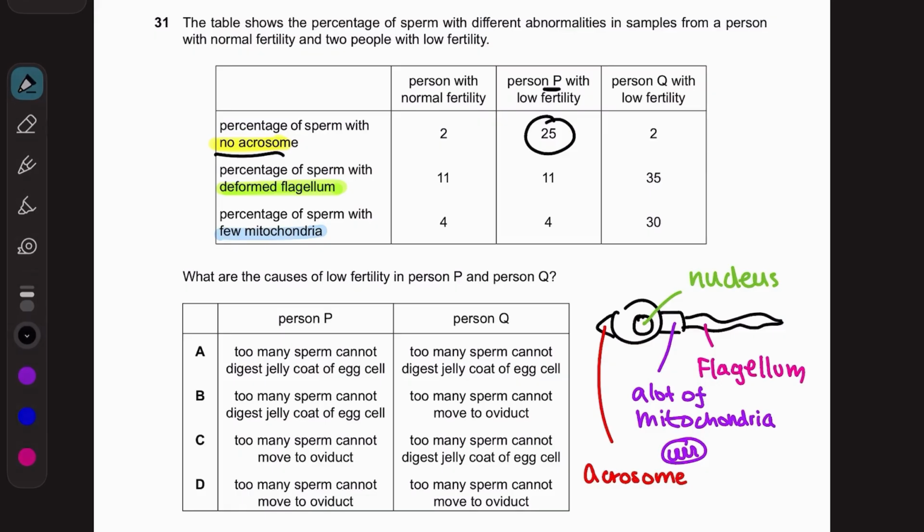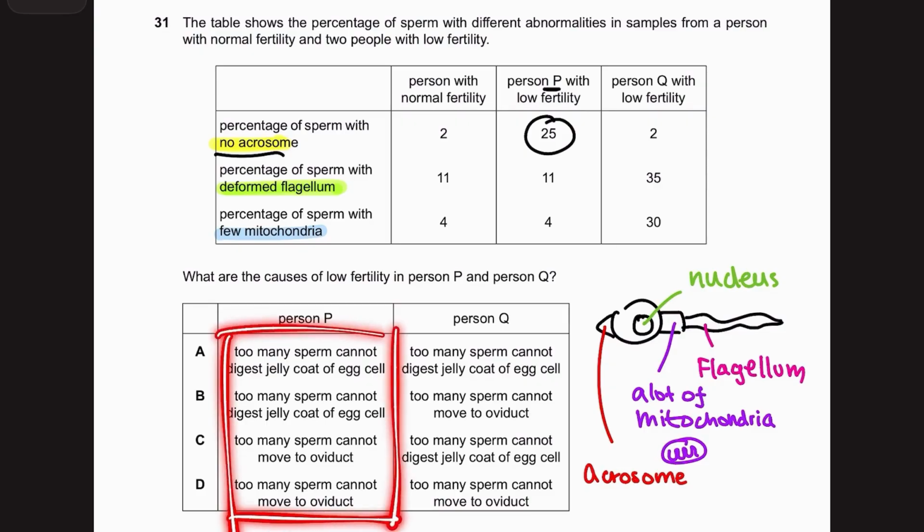So what would that mean for the person? If you don't have the acrosome, what problem will you face? Too many sperm cannot digest the jelly coat of the egg cell. Does that make sense? Too many sperm cannot digest the jelly coat of the egg cell.